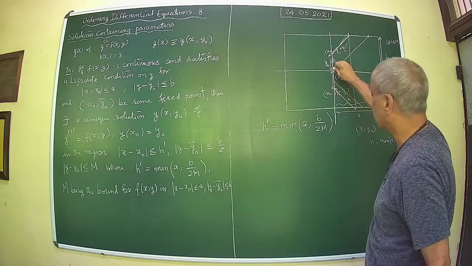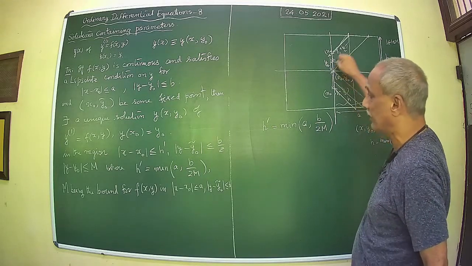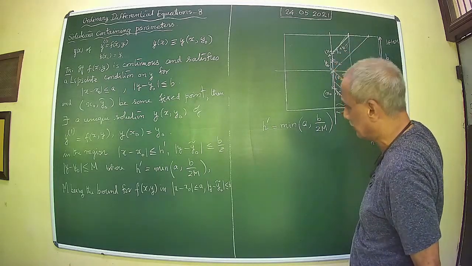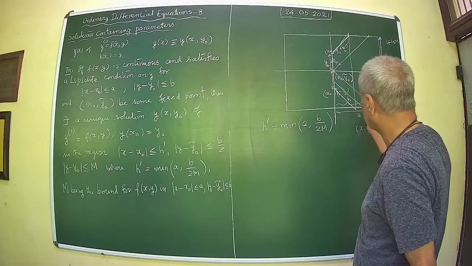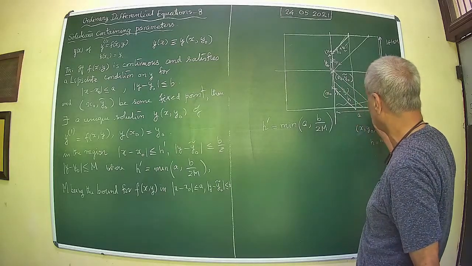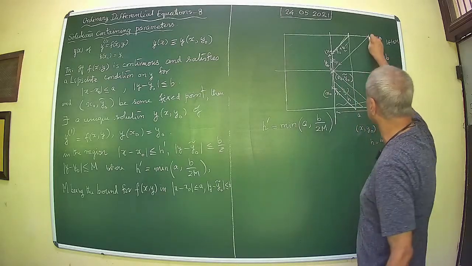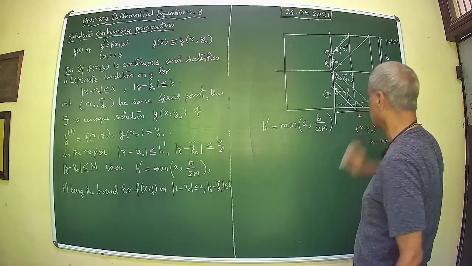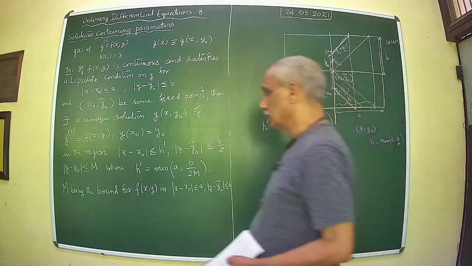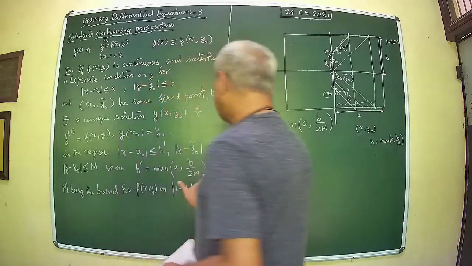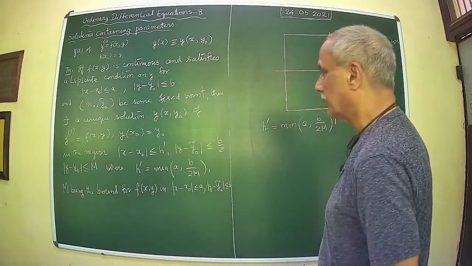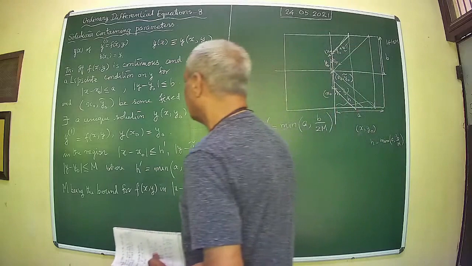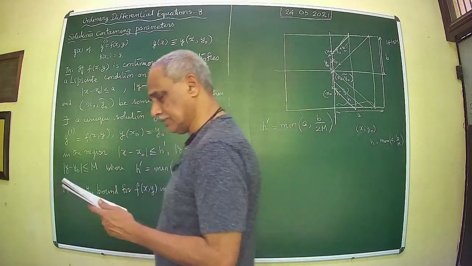The corresponding solution will be defined on a larger interval, but certainly something less than this h that you have. This is your h. Therefore, what is the dependence of the solution on the parameter? This is the question that you have.